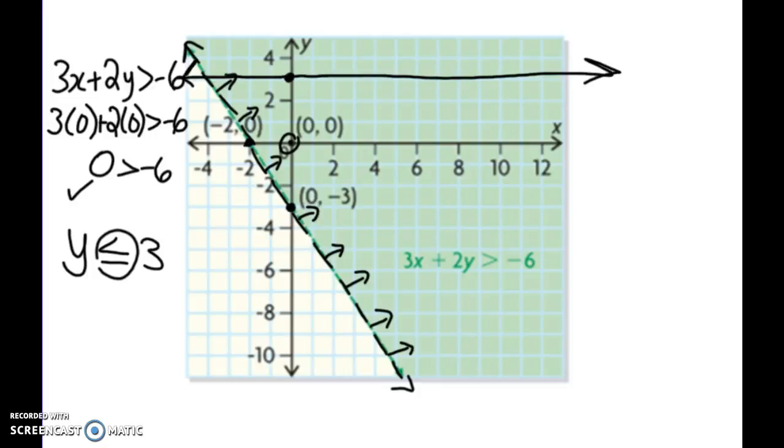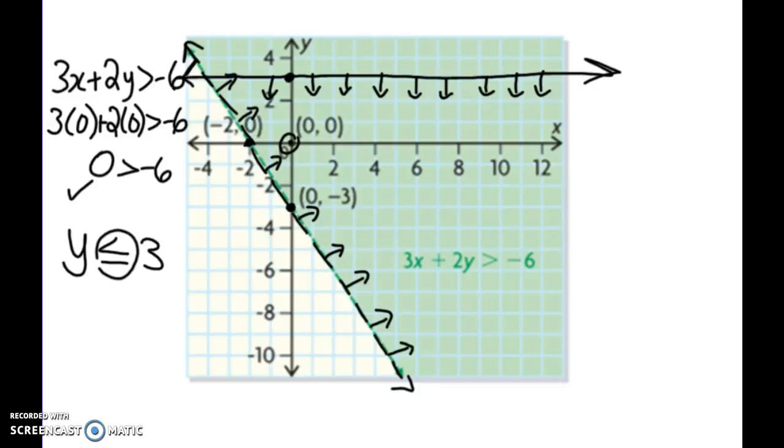It's a little bit crooked, that's okay. Solid line through where y is 3. In this, y has to be less than or equal to 3. So could it equal 4? No, it couldn't. So if we were shading, we would be shading this way.